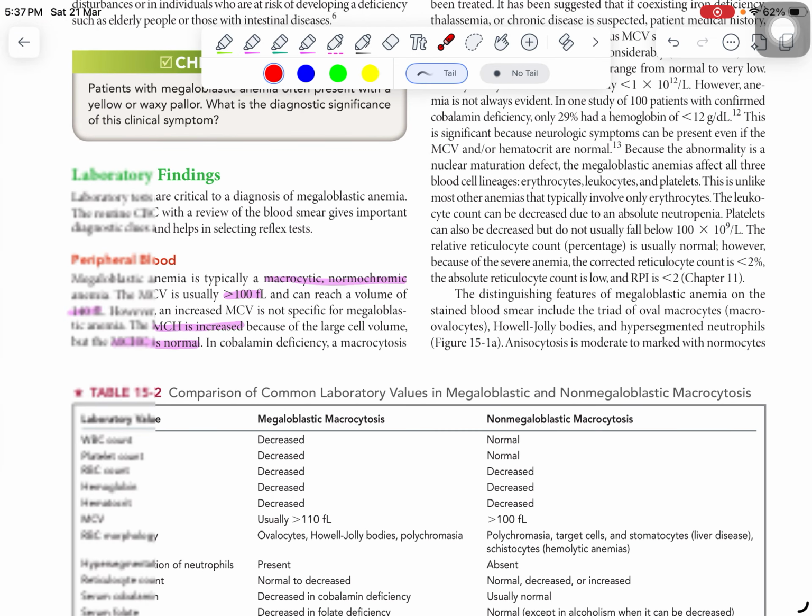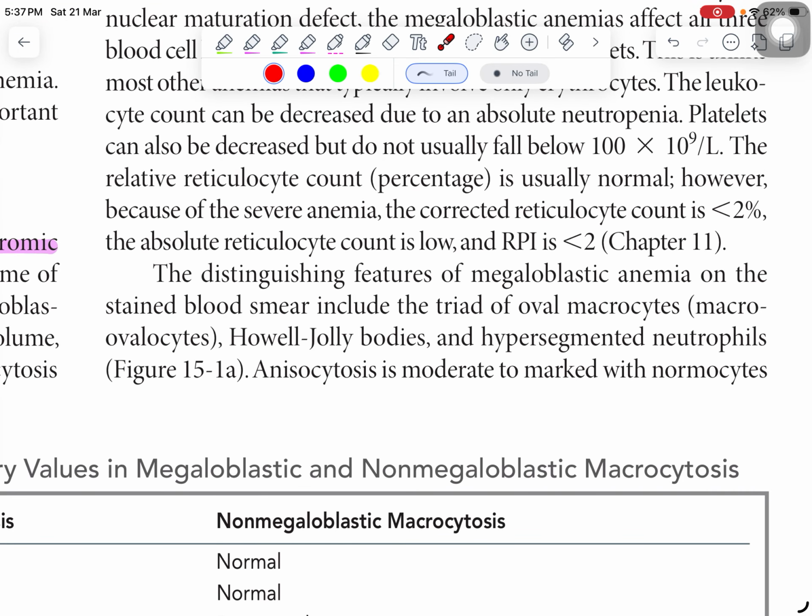The distinguishing features of megaloblastic anemia on the stained blood smear include the triad of oval macrocytes, Howell-Jolly bodies, and hypersegmented neutrophils. If you want to call it megaloblastic anemia, you have to see these features.